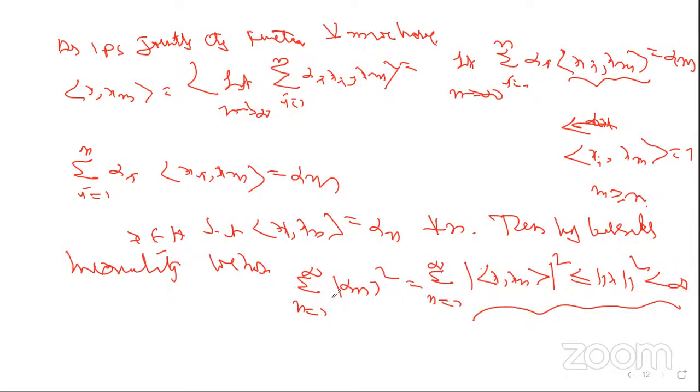So this completes the proof. That means the sequence alpha n belongs to L2. Hence proved.